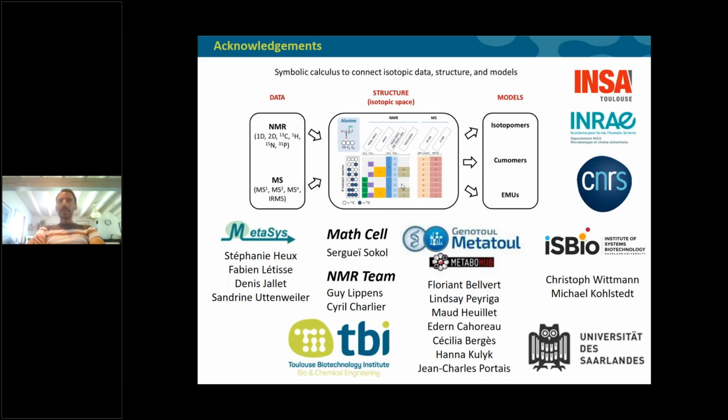This is a very good question. I've not shown this result here, but we applied this analysis on all amino acids, on molecules up to 12 carbon atoms. I think it's close to the upper limit on what can be done with this approach.